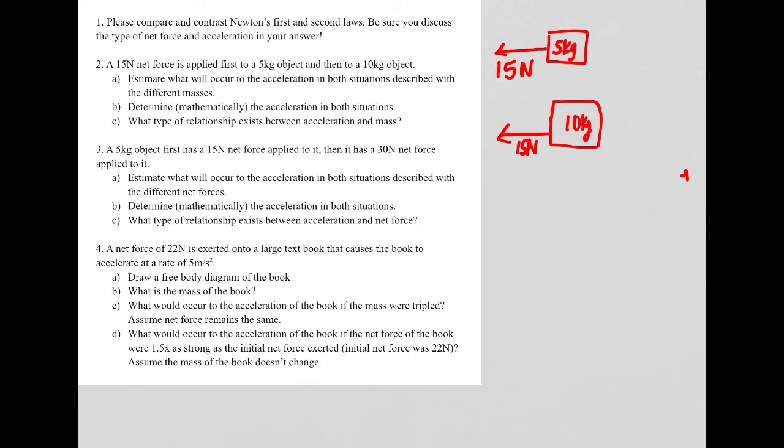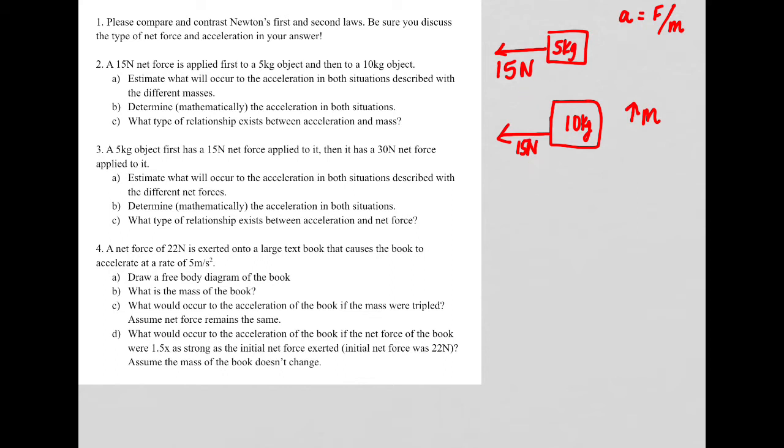So what I wanted you to understand here, or to explain here, is that since acceleration depends on net force and mass, as we increase the mass, there's an inverse relationship between acceleration and mass. So that means as mass increases, but we're not changing net force, it's the same in both situations.